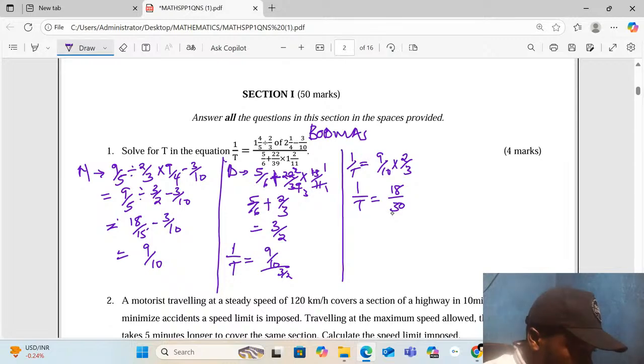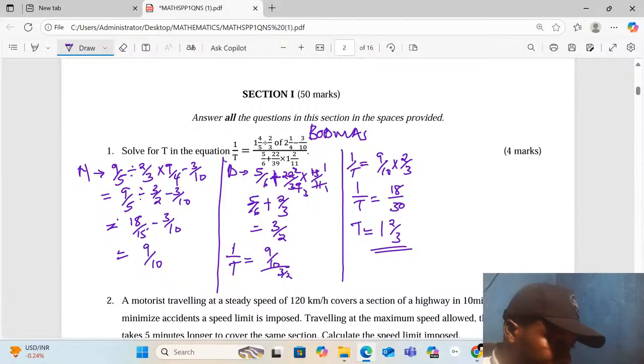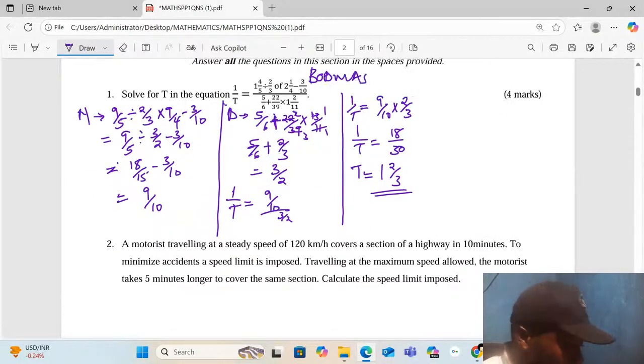To get t, we simply find the reciprocal of 18 over 30, which is 30 over 18, and the value of t becomes 1, 2 over 3. So that is how you get your 4 marks for the first question.